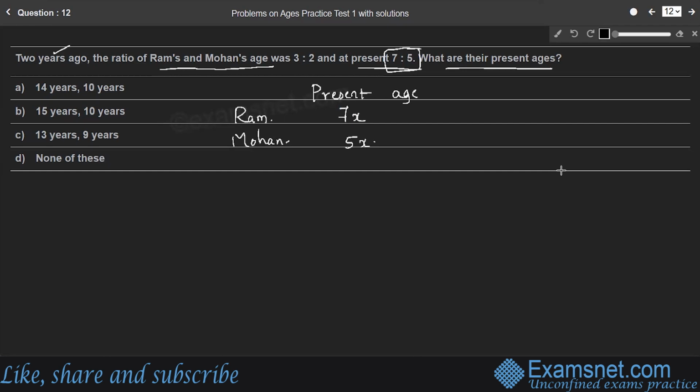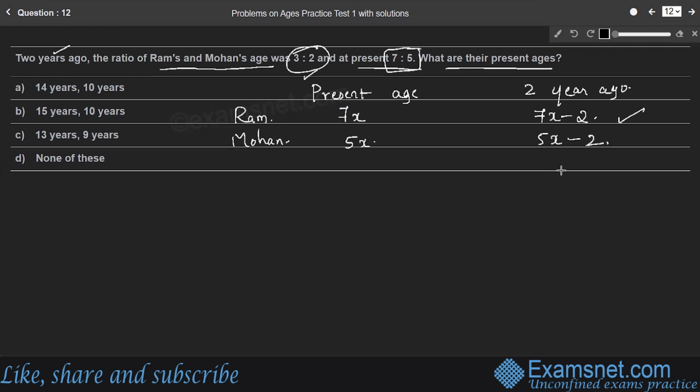So we'll consider their ages 2 years ago. The ratio of their ages was 3:2. So 2 years ago, Ram's age becomes 7x minus 2, and Mohan's age will be 5x minus 2 years, right?